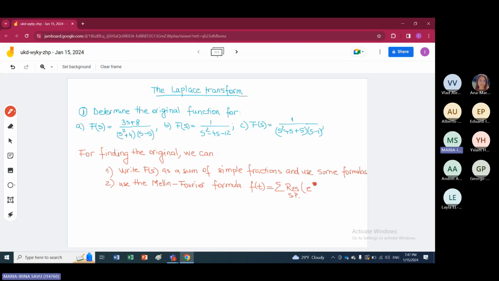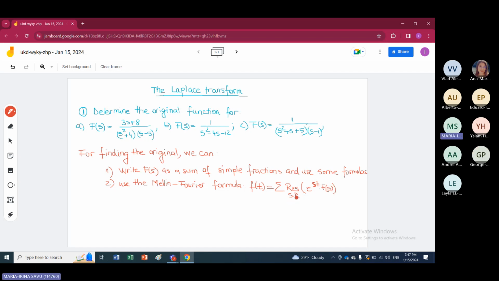You have here the exponential function, which must be written. So this is s, the new variable, t is the time. And you must consider all the singular points, no matter if they are in the upper half plane or the other half plane. And I've told you that f of t is called the original, and F of s is called the image.